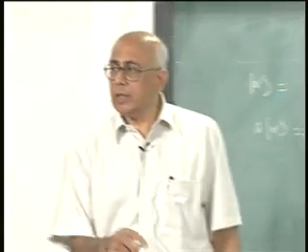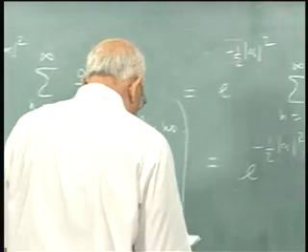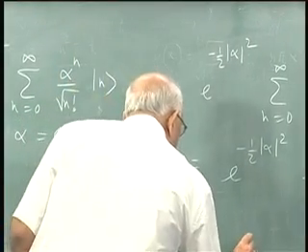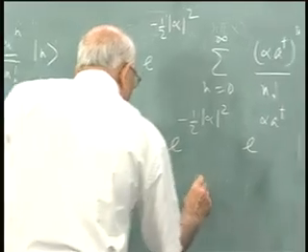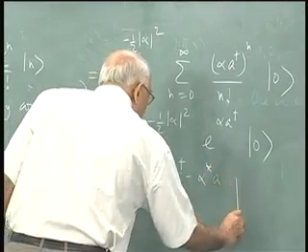Now we know the commutation relation between a and a dagger, so we know the one between e to the alpha a dagger and e to the alpha star a as well. And if you use that commutation relation or any of these relations which have been given to you earlier, this can also be written as e to the alpha a dagger minus alpha star a acting on 0.